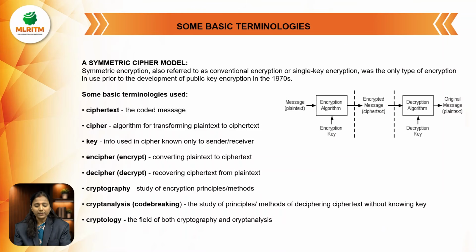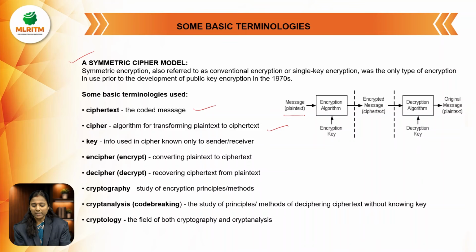Okay, next are the basic terminologies we use in cryptography. First is the symmetric cipher model. Here the ciphertext is the coded message. Cipher is the algorithm for transforming plain text to ciphertext.